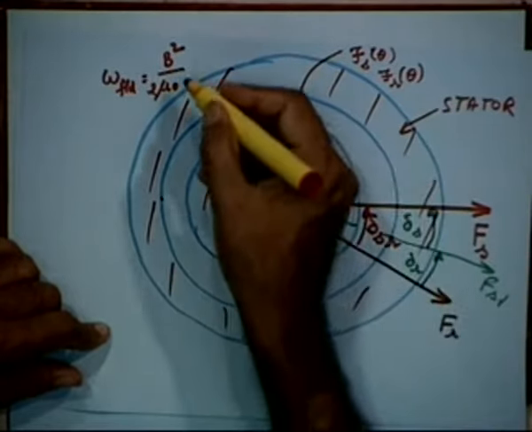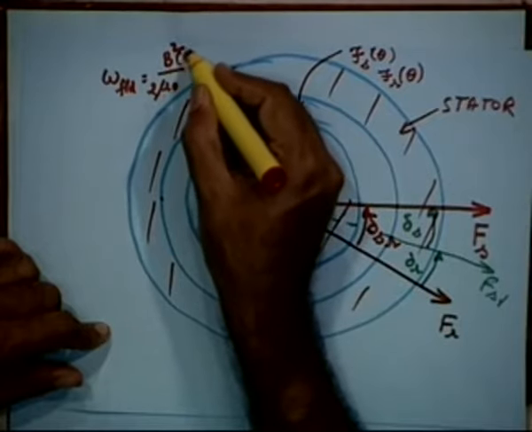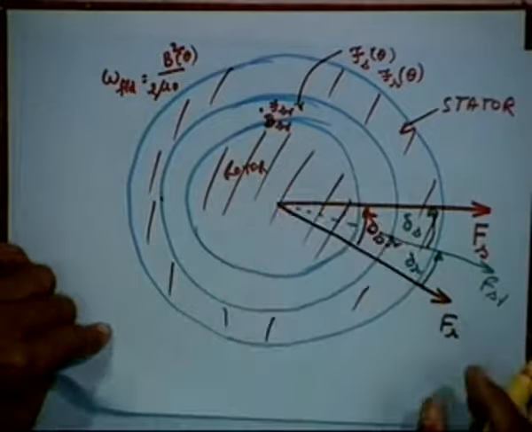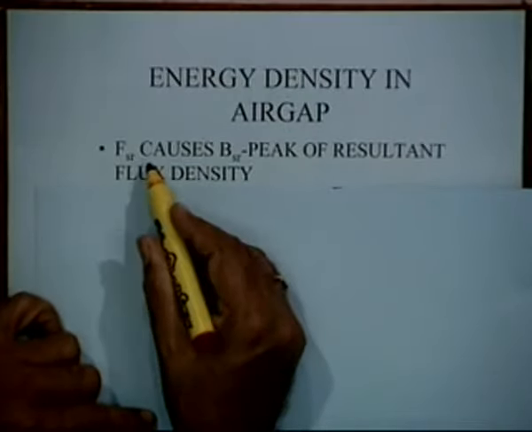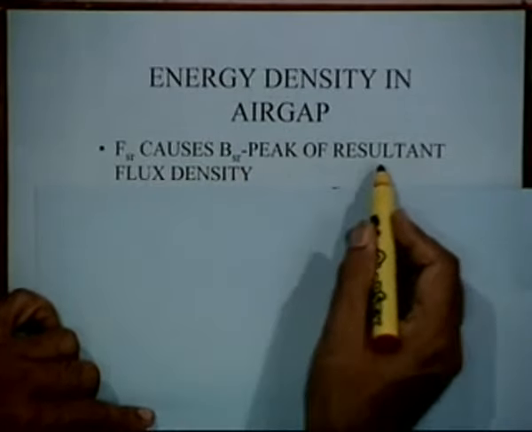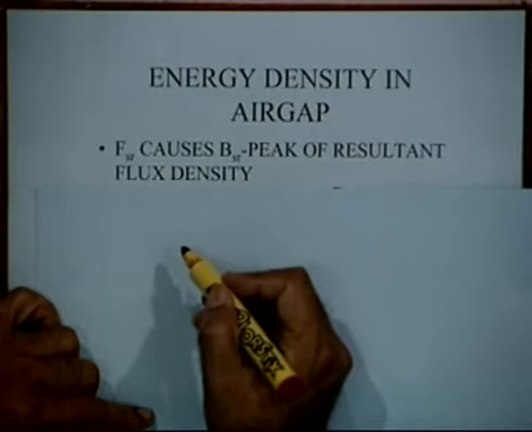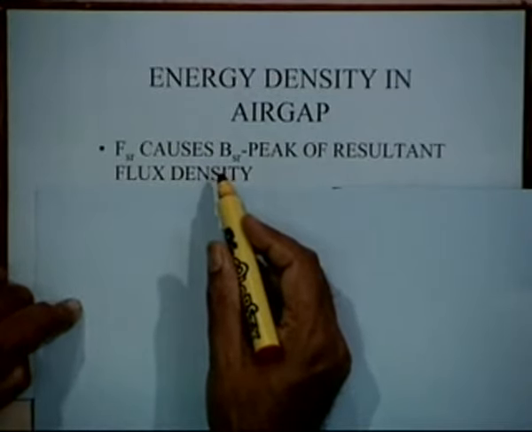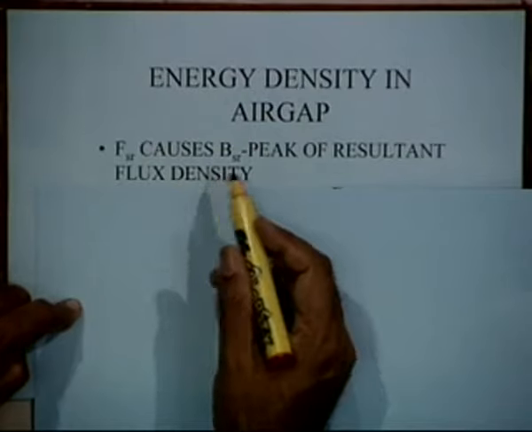So we say that this, at any point theta, B squared by 2 mu naught is the energy density. Okay, so we have this FSR causes BSR, that is the peak of the resultant flux density. What is BSR? It is the peak of the resultant flux density that will be aligned with FSR.